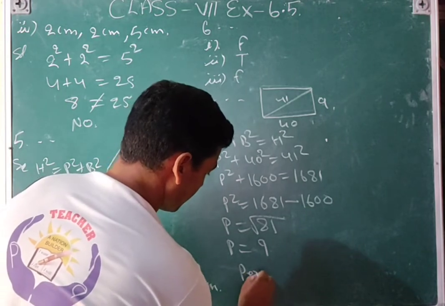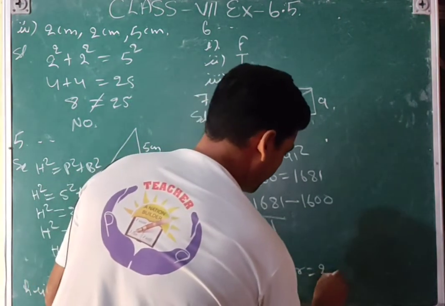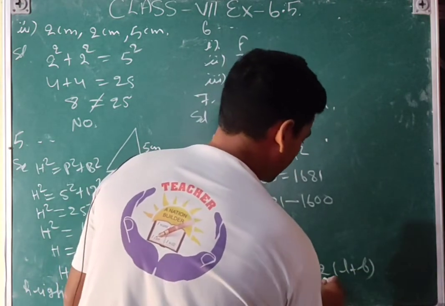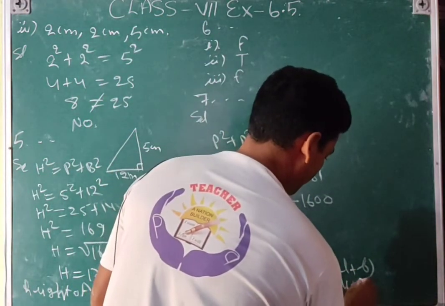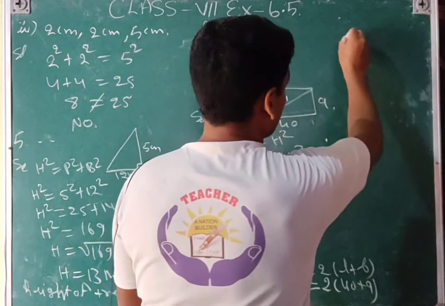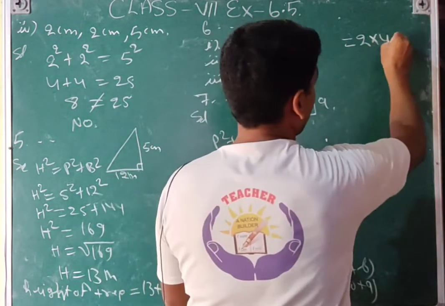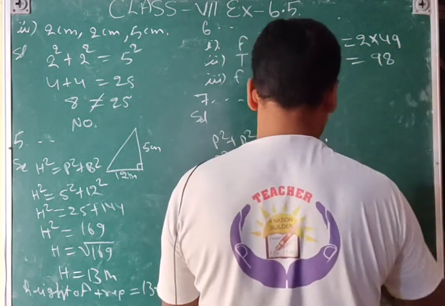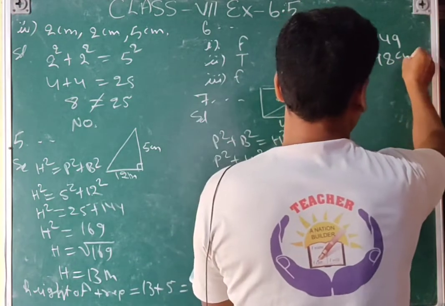So perimeter is equal to 2 bracket L plus B. That is 2 bracket 40 plus 9. So that will be 2 into 49, 2 49s are 98 meter or centimeter, whatever is given there, centimeter.